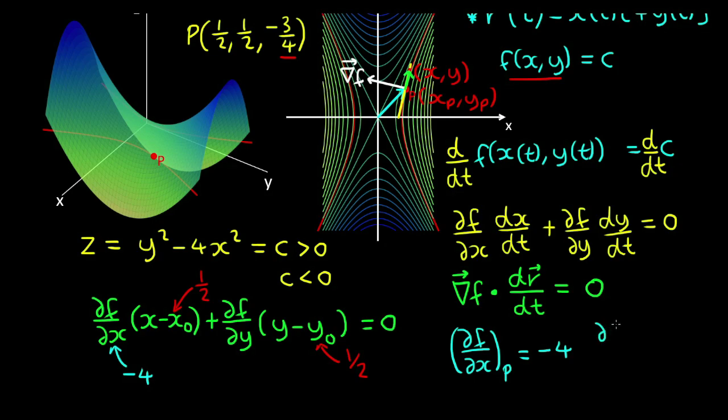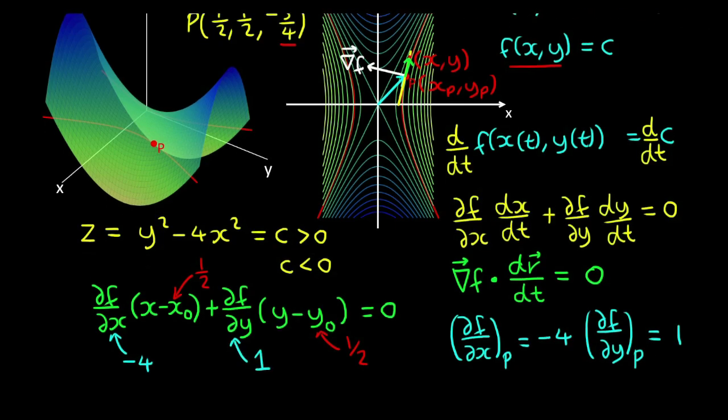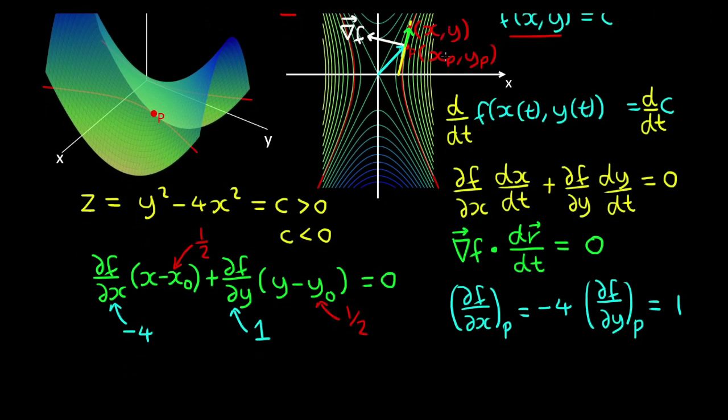And the partial of f with respect to y at point P, where y is 1/2, gives 2y by 1/2, or 1. So the equation of this tangent line is minus 4 by x minus 1/2 plus y minus 1/2, which is equal to 0.